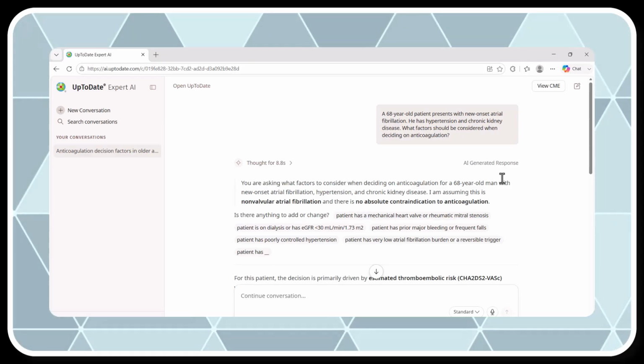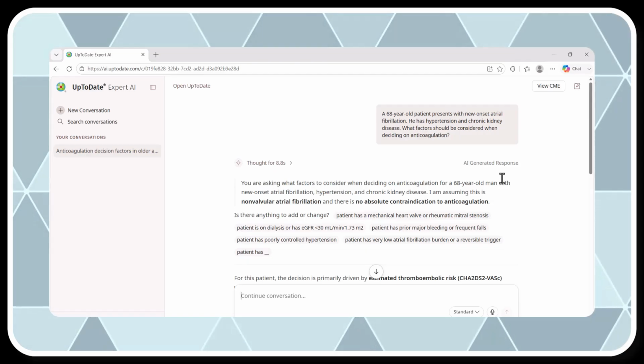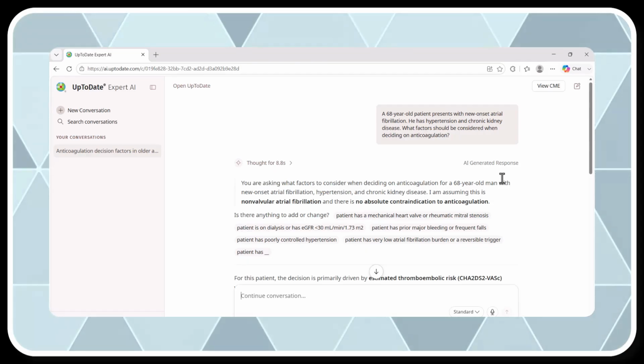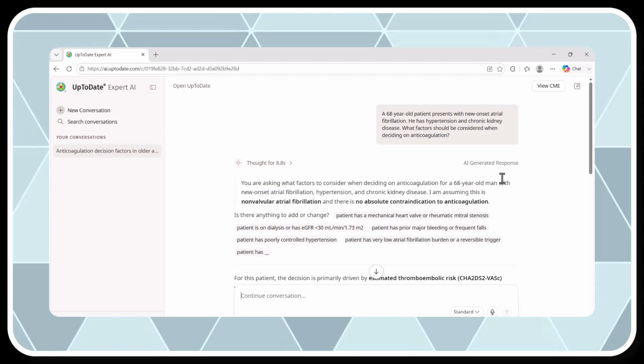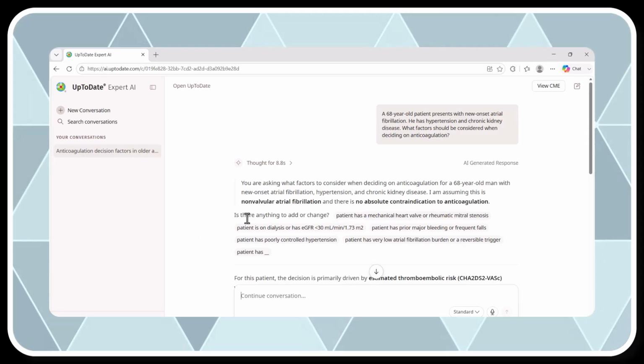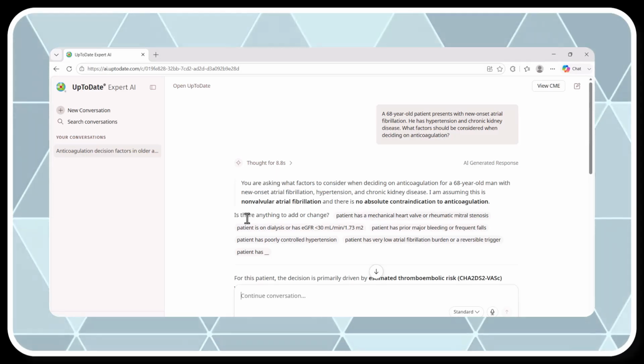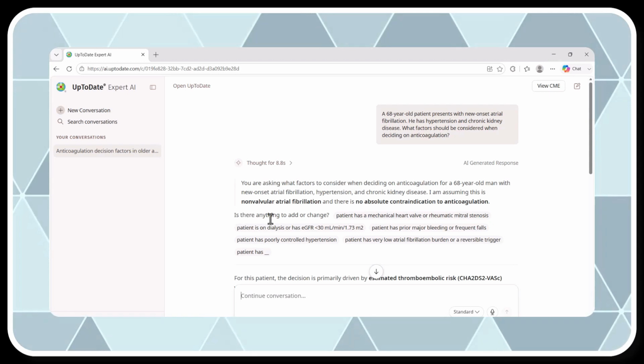And now we come to a particularly interesting part. Expert AI says, "Is there anything to add or change?"